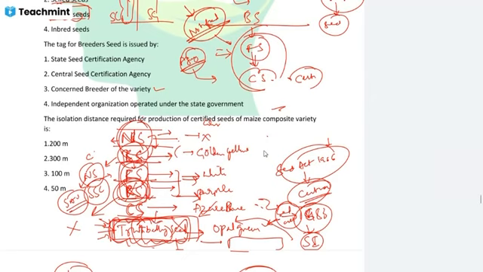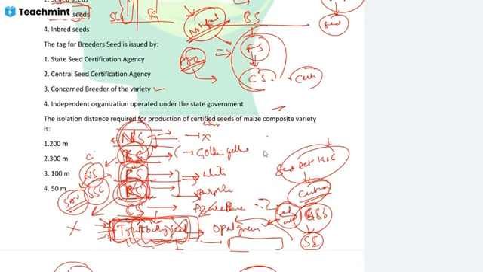So to remember it simply, any type of seeds that are sold in the market which are not under the certification chain are all truthfully labeled seeds. One important thing to remember is you cannot sell seeds in the market as seeds. I'm not asking in terms of edible things. If you are selling the seeds for multiplication in the next generation as seeds, then it should maintain certain quality.